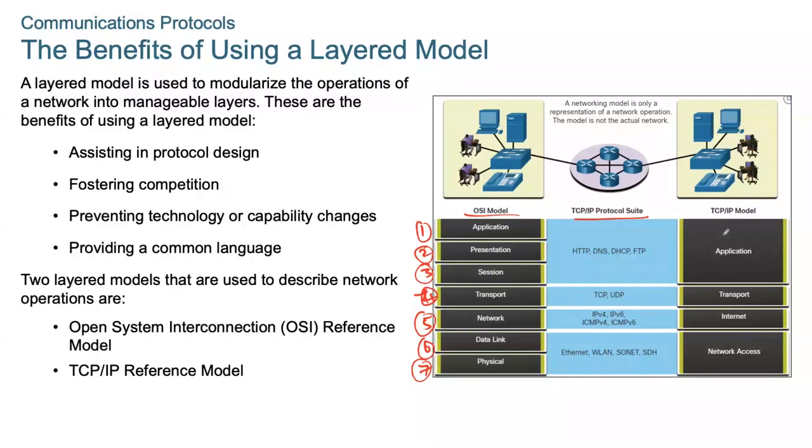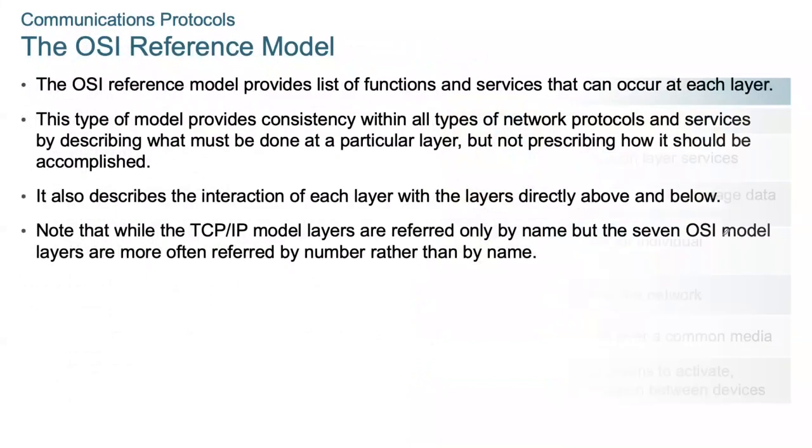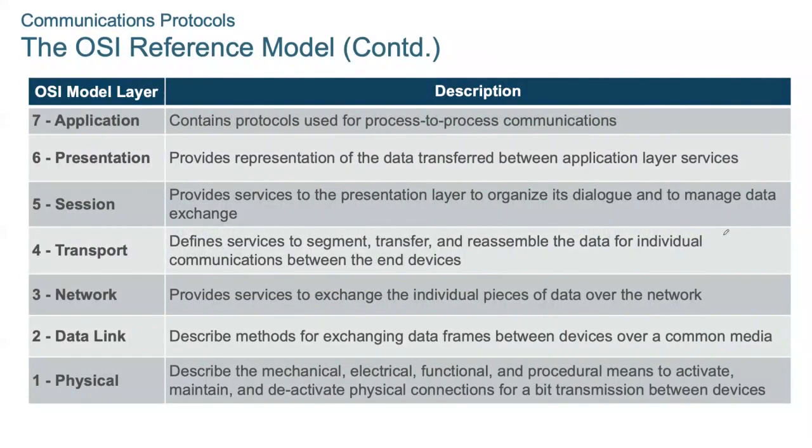In this table, it gives the details about each layer of the OSI model and what it does. The application layer contains protocols used for process-to-process communication.